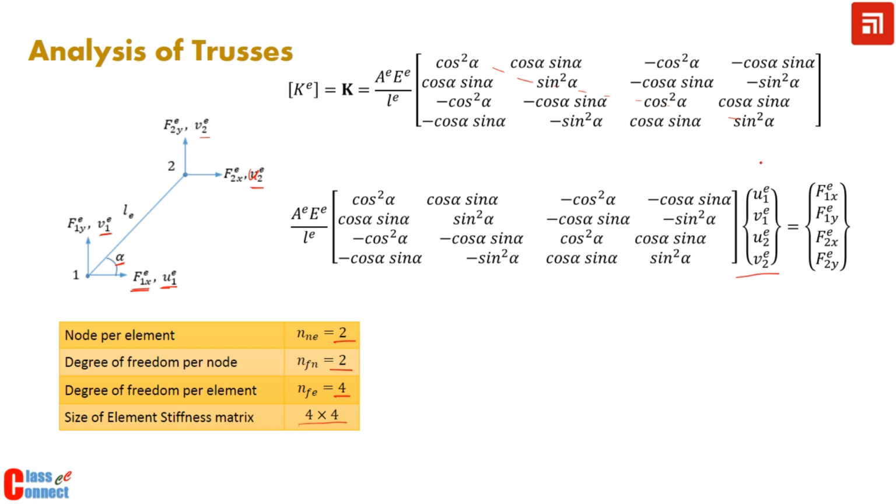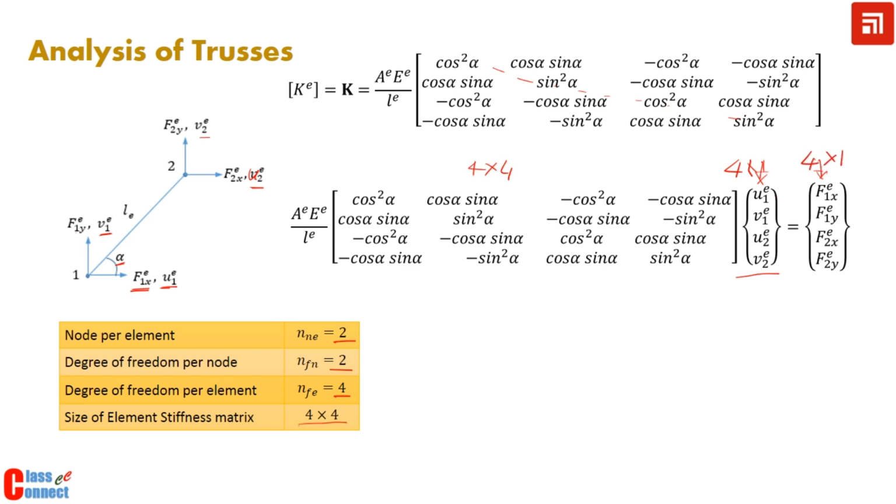We have introduced the nodal variables and nodal force vectors. So here we have the 4 by 4 stiffness matrix, a 4 into 1 nodal variable vector and a 4 into 1 nodal force vector.